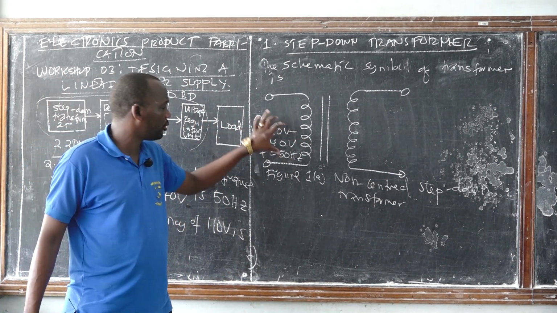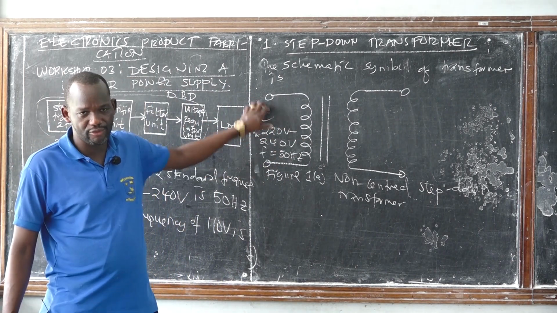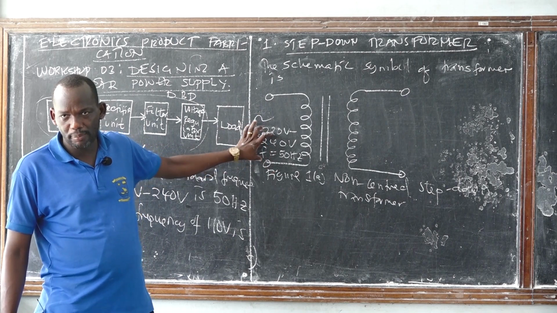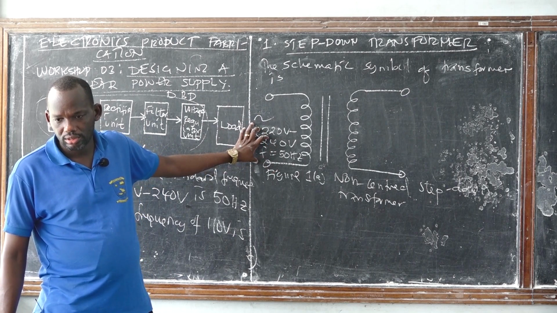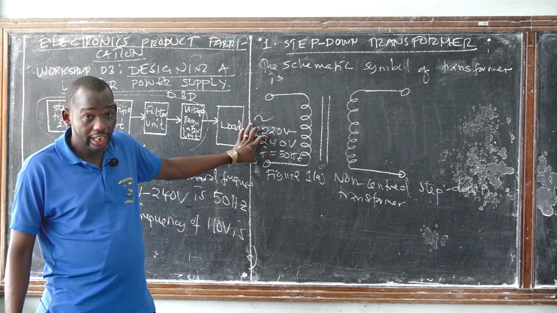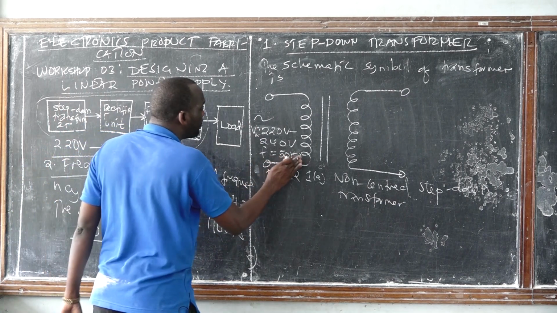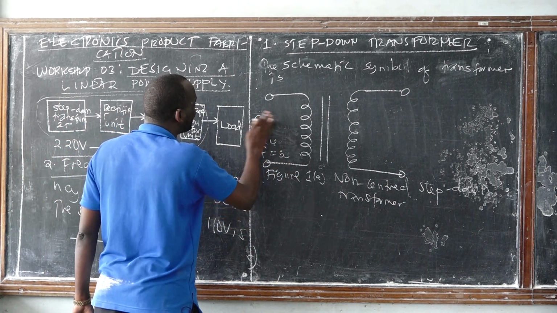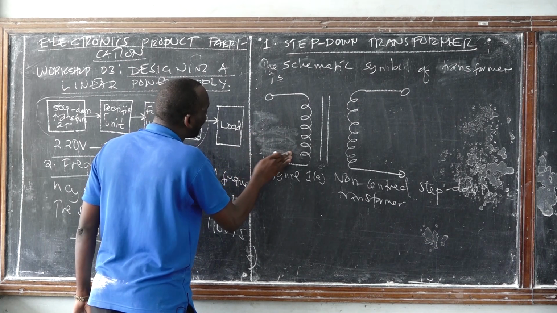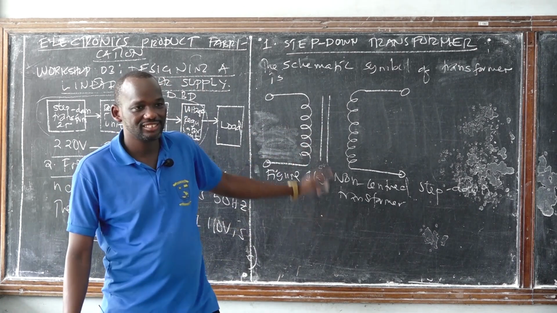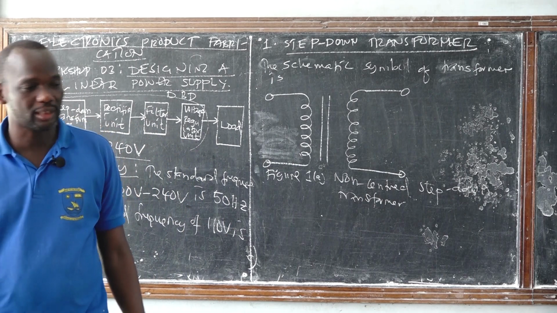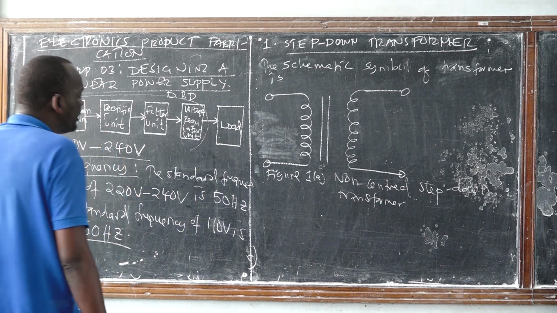So this is the symbol. These are just the parameters that we have written; they are not a part of the symbol. Let me clean this. The schematic symbol of a transformer is just this one, of the non-centered step-down transformer.